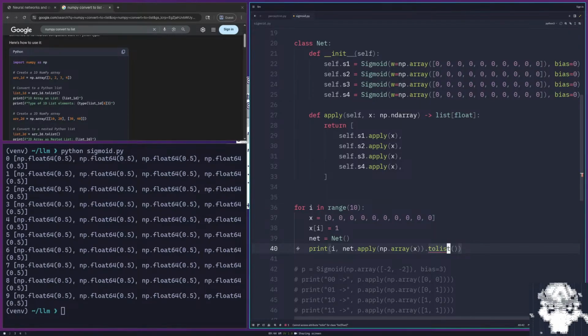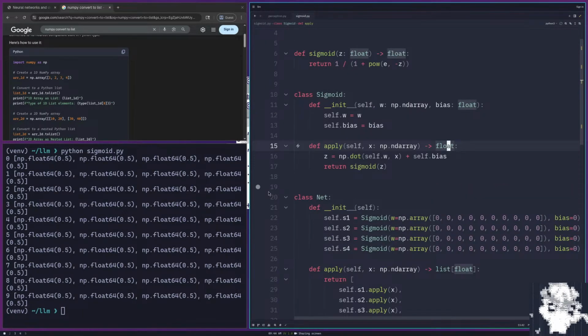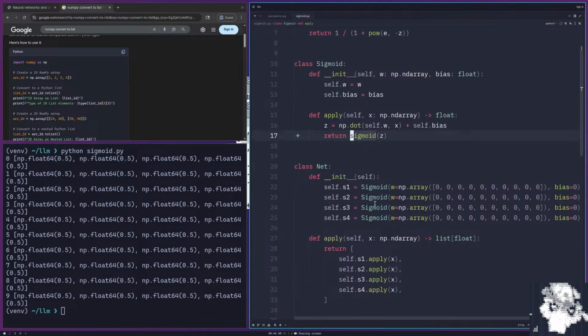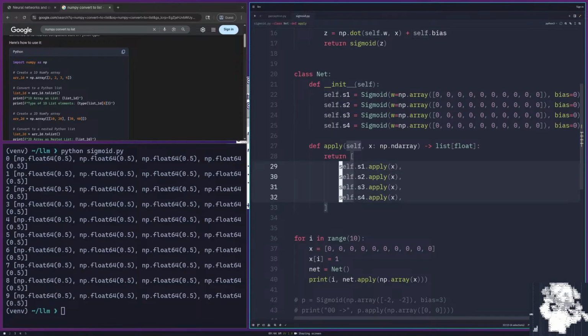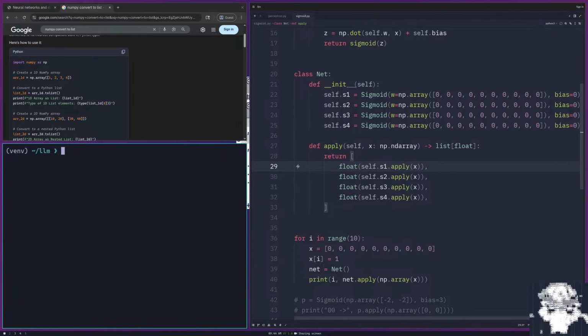Nope, cannot access attribute tolist. Wait, it already thinks it's a list. This is supposed to be returning a float, but it's returning a NumPy float64. So let's just cast these all to floats. Okay, that's easier to read.